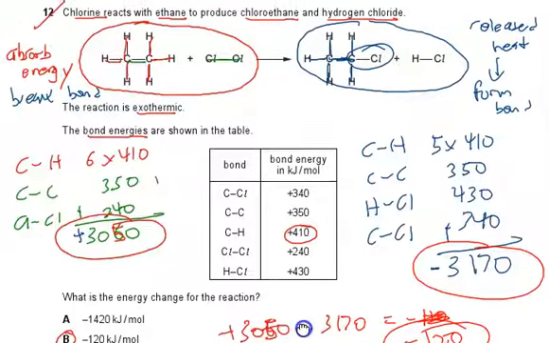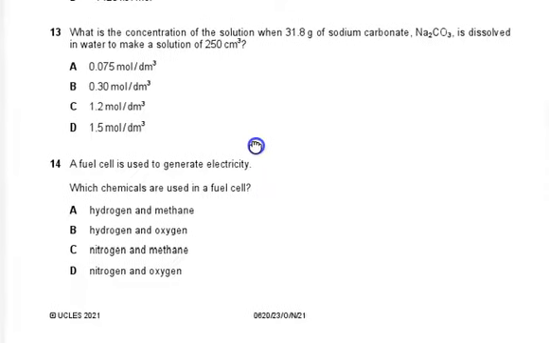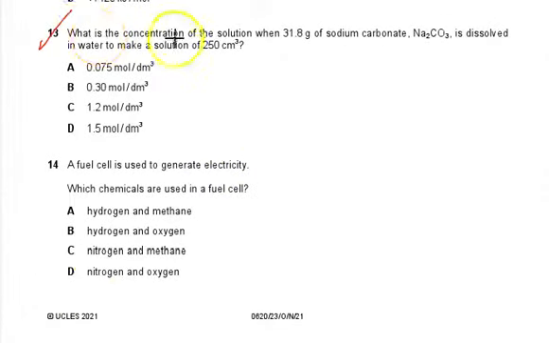Okay, so I hope you can understand this question. So now let us move on with question number 13. What is the concentration of solution when 31.8 gram of sodium carbonate is dissolved in water to make a solution of 250 centimeter cube? Sodium, the RAM is 23, carbon is 12, oxygen is 16.